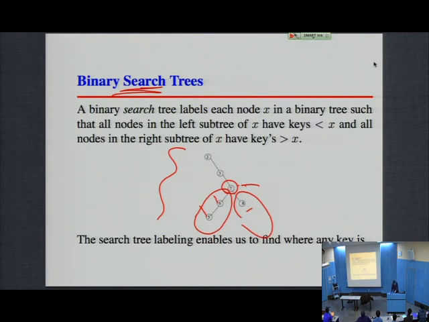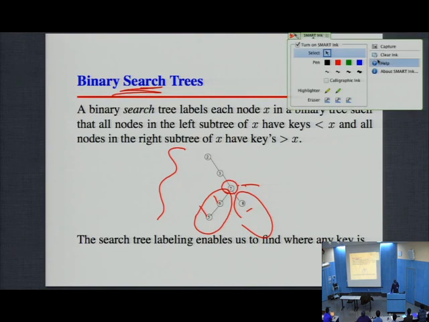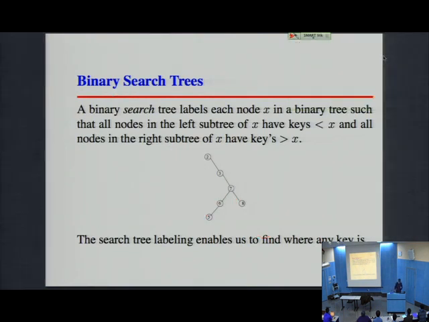Now, this labeling property is very interesting because it means that for any binary tree, there is exactly one way to label it with keys. Let's say I have a tree. I'm going to draw it. Just to make it a little different, let me add a node here.